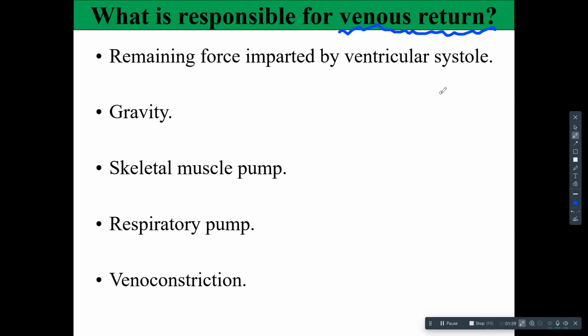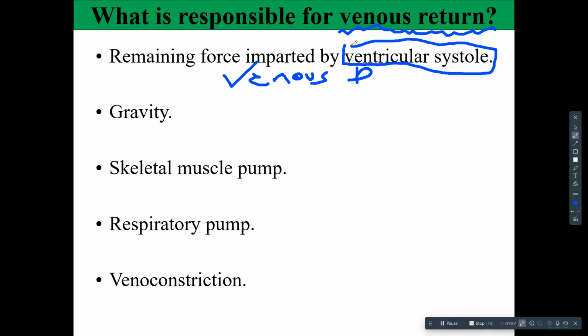So, getting blood back to the heart. Like we just said, there is still some venous pressure, and that venous pressure is leftover pressure from the contraction of the heart. So that can help venous return. Gravity is a little bit trickier.